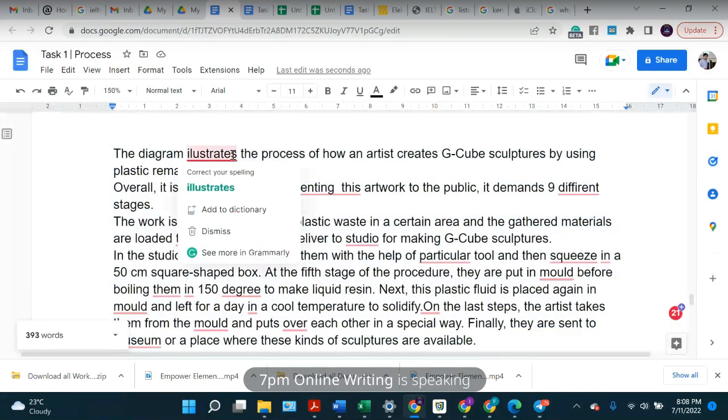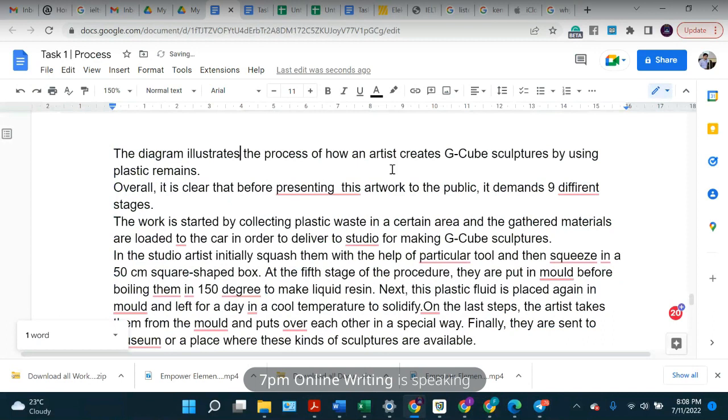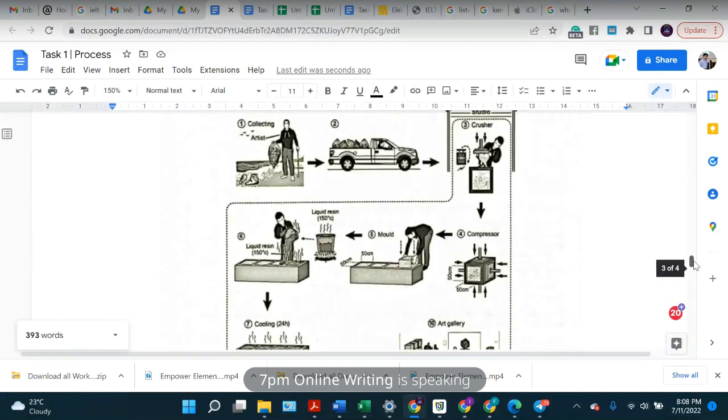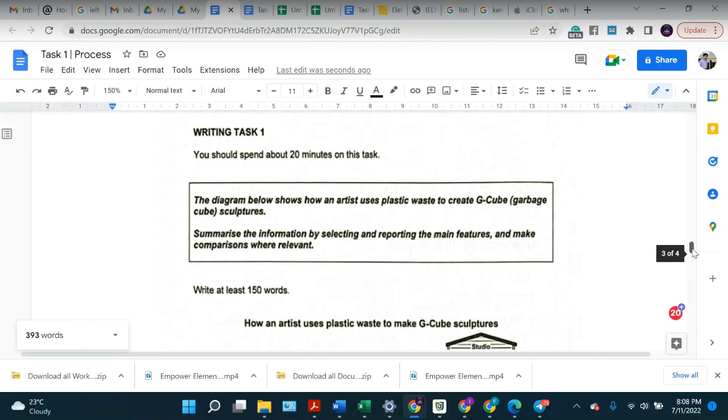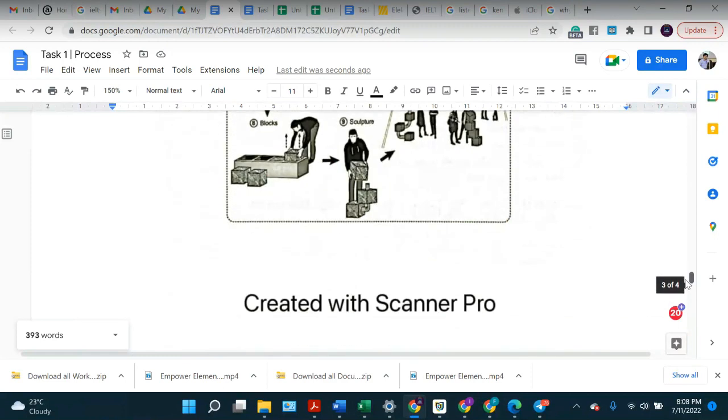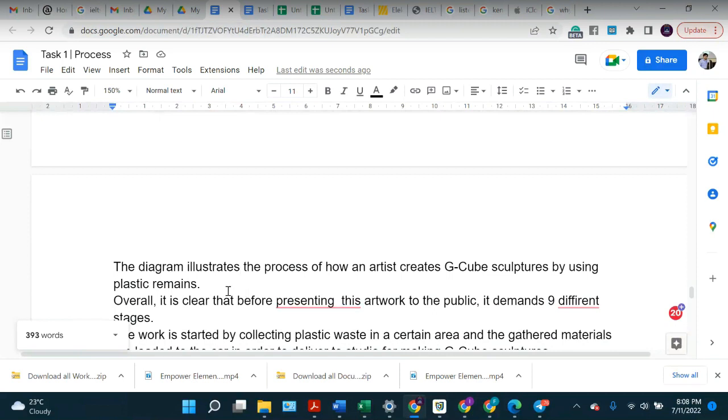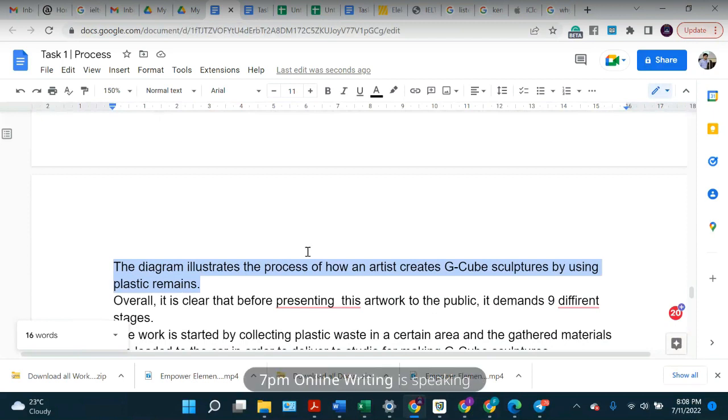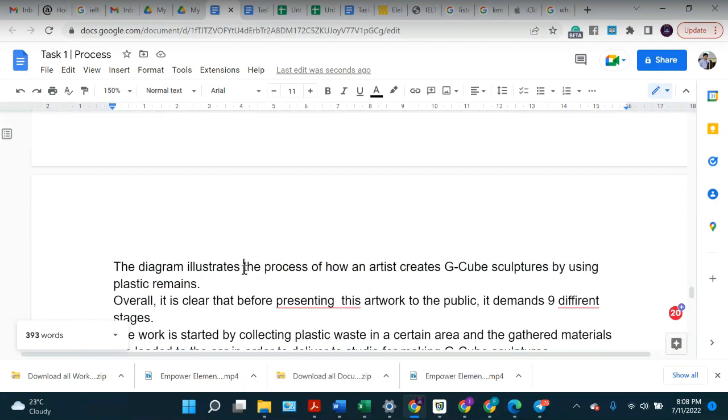So, diagram illustrates, already I see a spelling mistake, the process of how an artist creates cube sculptures by using plastic remains. How is the paraphrasing? Two problems I'm seeing immediately: first of all, you don't have to say process of how. You can just say how. It's just another word. How can replace the word process. So illustrates how an artist.